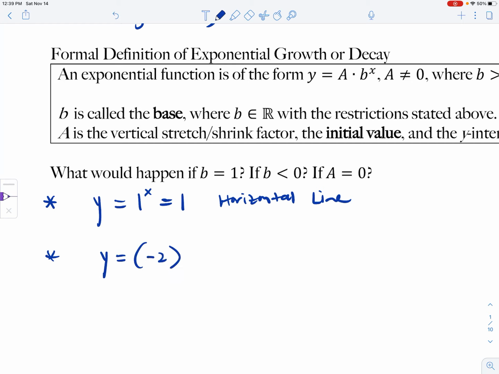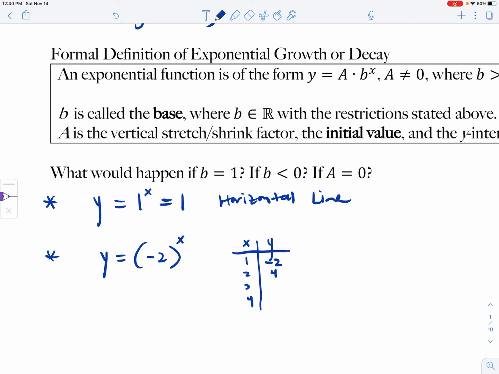What if b were negative? Let's come up with an example. Let's say the base was -2. Let's make a table here to see what would happen. I'm going to use 1, 2, 3, 4 for values for x. If I plug 1 in for x, y would be equal to -2. If I plug 2 in, -2 squared would be 4.